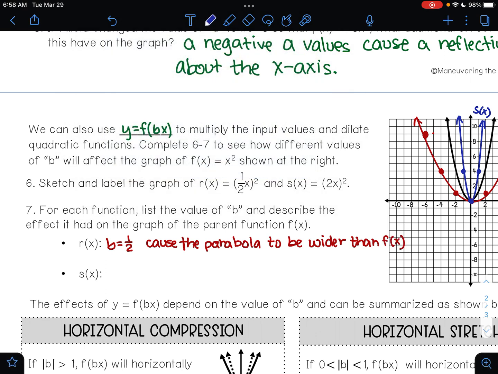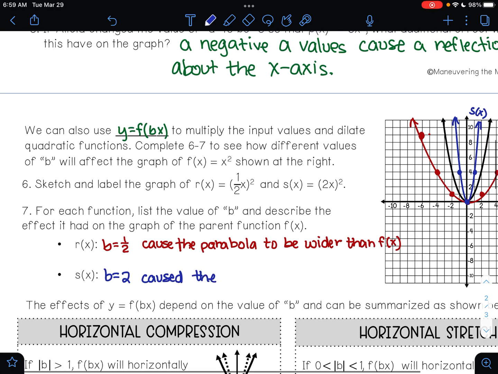And then we go to s of x, which has a b value of 2, which caused the parabola to be narrower.